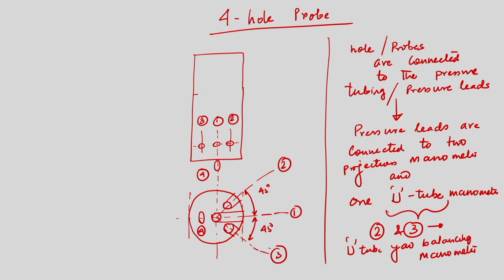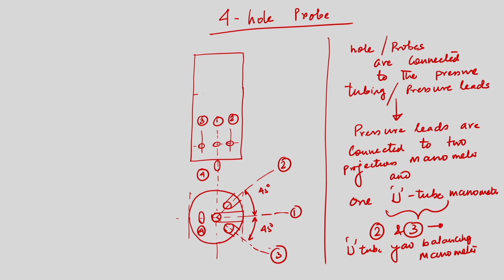So, which probe is used to measure static pressure or stagnation pressure, that we need to know. That means we should know which probe is used to measure which pressure.